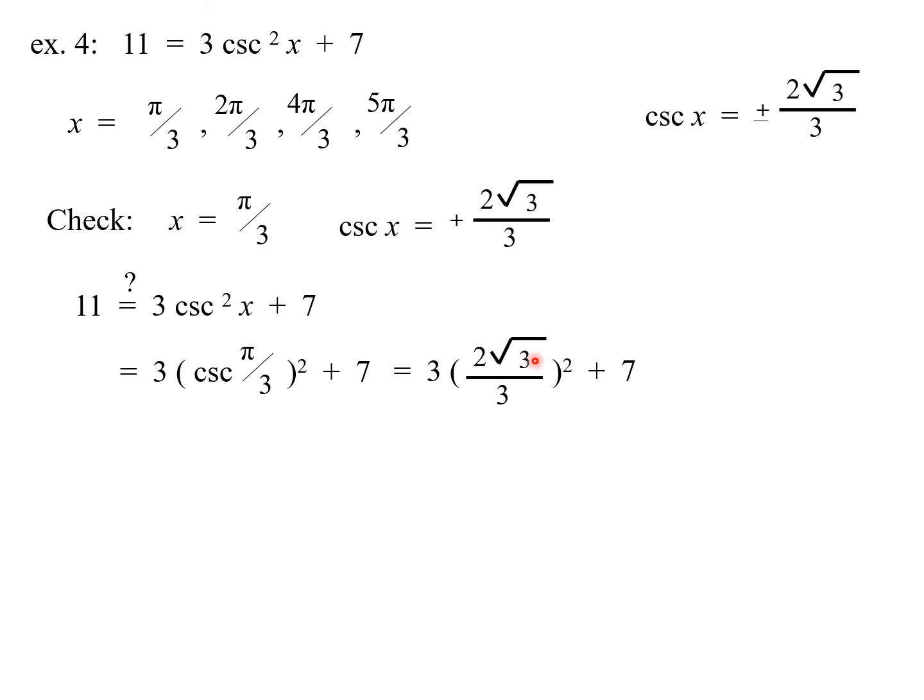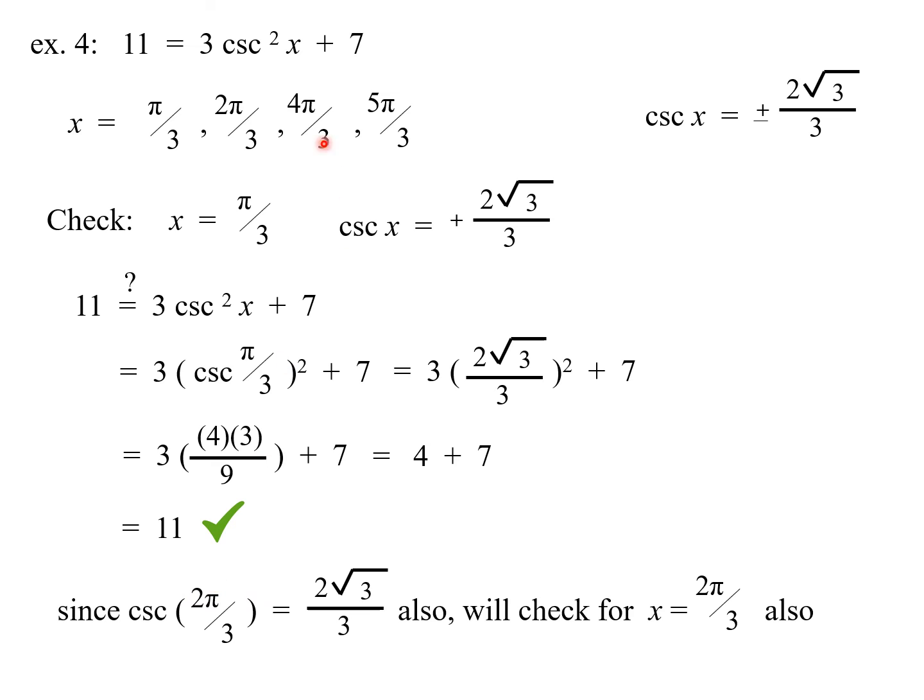Now we have to square everything inside the parentheses. We have to square the 2, we have to square the root 3, we have to square the 3. And so that's going to become 4 times 3 over 9, which is 12 over 9. Multiply that by 3 to get 36 over 9. And 36 over 9 is 4. And 4 plus 7 is 11. So that solution checks out.